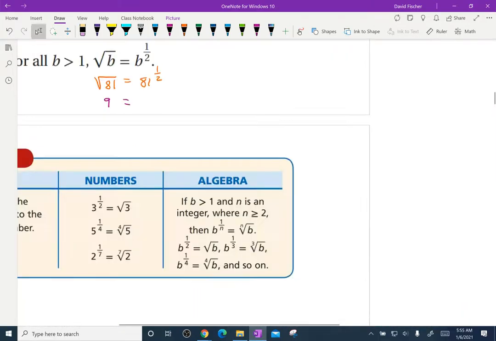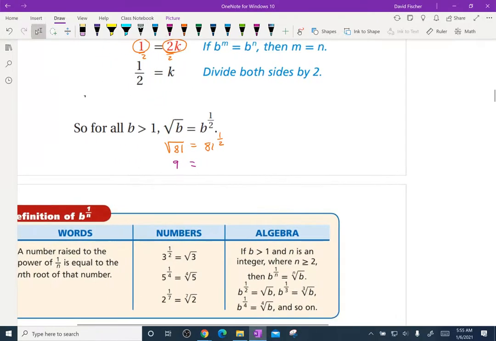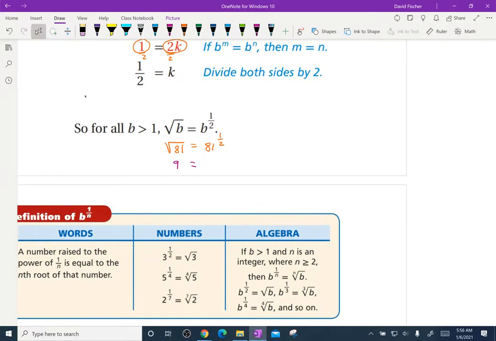So try that real quick on your calculator. You'll have to figure out how to enter the fraction up there if you don't have a green one like mine. So I'm going to do 81, exponent 1 divided by 2. Now my exponent is up there in my little window. It says 1 divided by 2, and I hit enter and I get 9 as well.